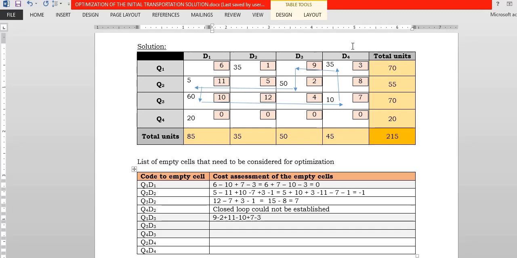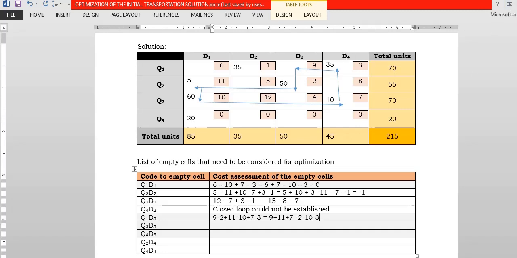When you put like terms together, this is equal to 9 plus 11 plus 7, then minus 2, minus 10 and minus 3.